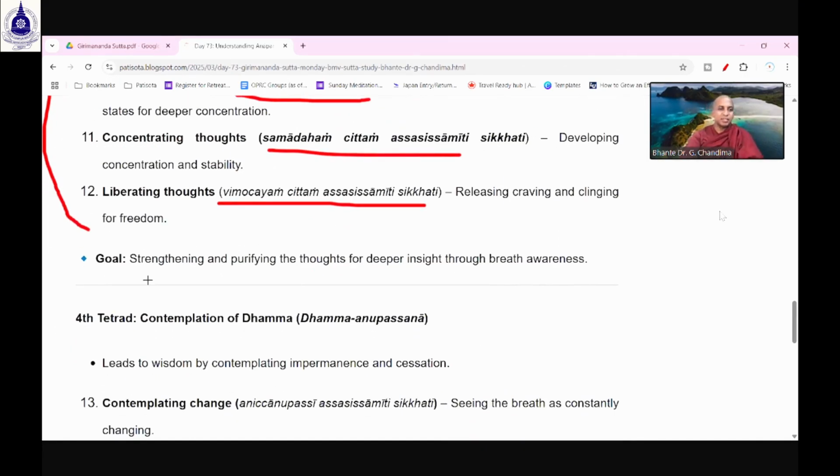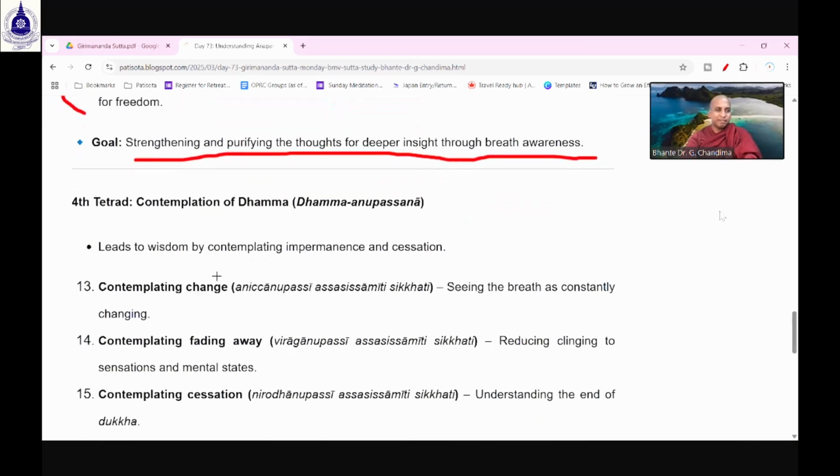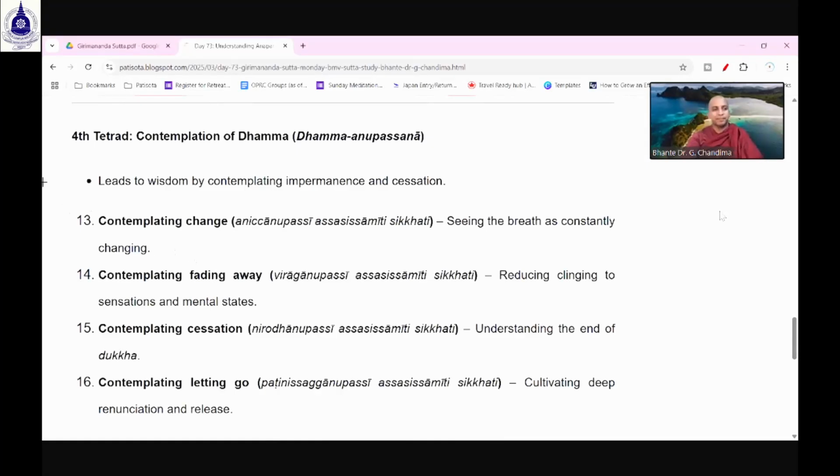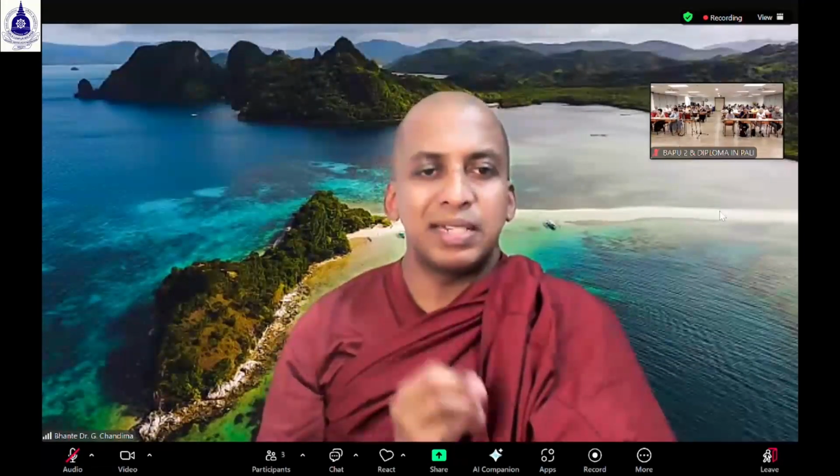The goal is strengthening and purifying the thoughts for deeper insight through breath meditation. Finally, the 4th tetrad. This tetrad is definitely about attaining Nibbana, a state much, much higher than body, feelings, and then thoughts.